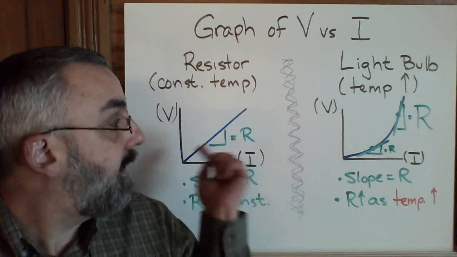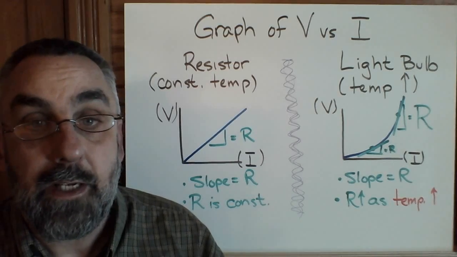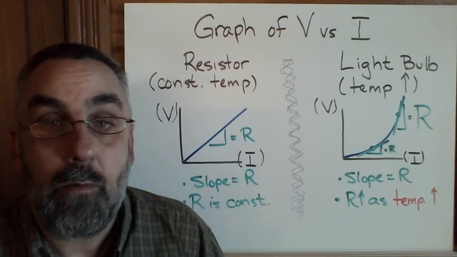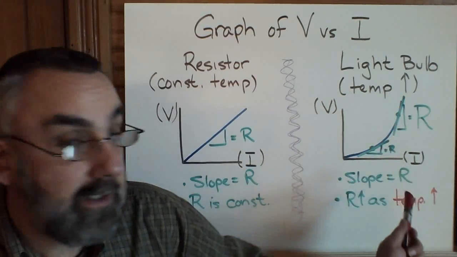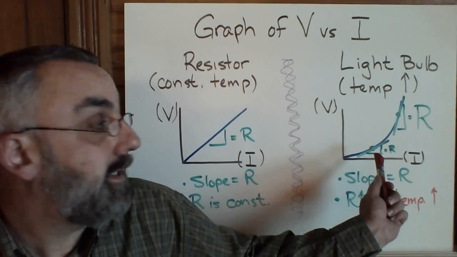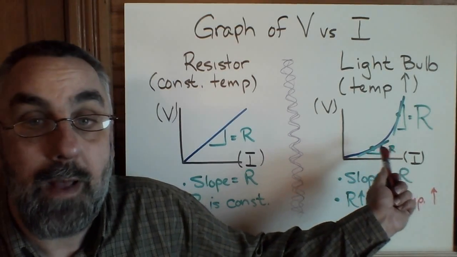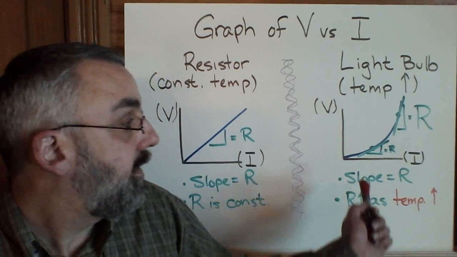So when we get a graph like this, we say, okay, the slope is constant, and therefore the resistance is constant. Now, if we take a look at a light bulb, when we send more and more electricity through the light bulb heats up, and so the temperature increases. The slope is still resistance, but if you recall from our work in mechanics, if we want to find the slope at a point on a curve, what we have to do is draw a tangent line to that curve.